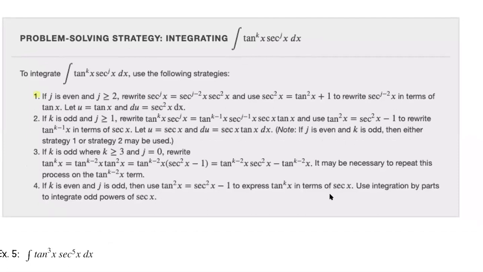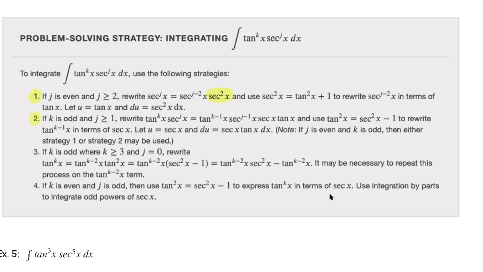If the power of secant is even, then we're going to split it so that we end up with a secant squared somewhere along the way, okay? This secant squared is there because we said earlier the derivative of tangent is secant squared. That's why we need to pull 2 of the secants out, because that is going to help us with the u-sub situation, okay?